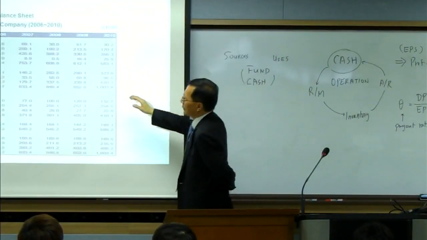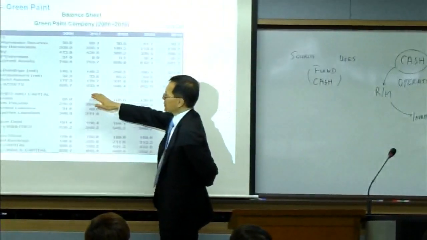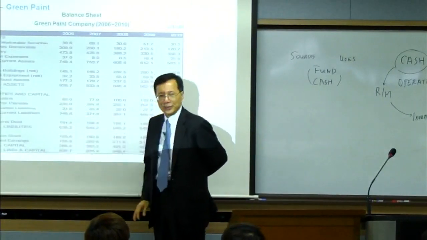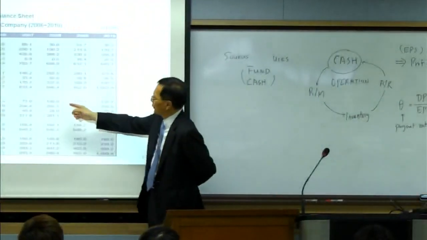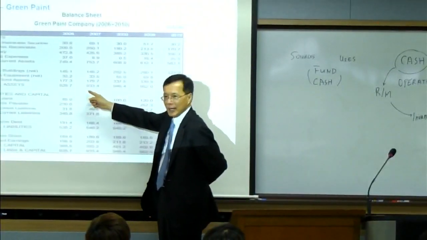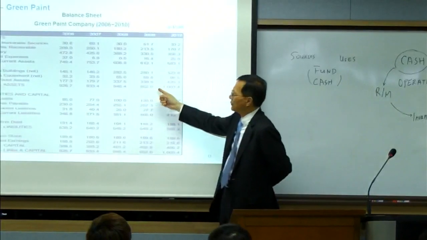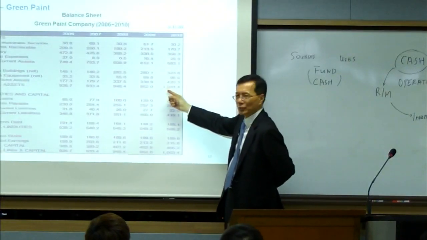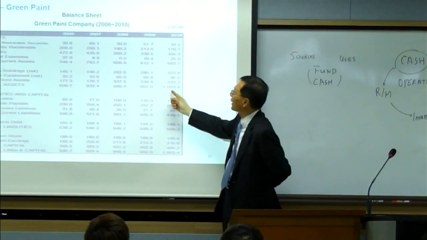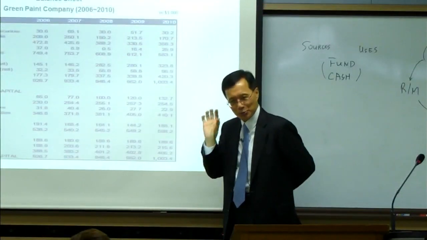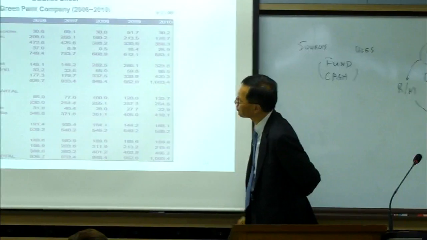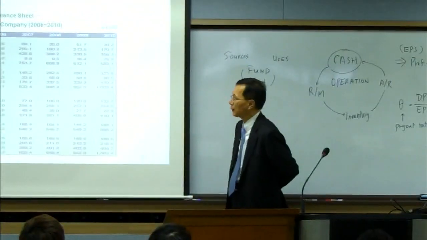And look at this total asset size, 926,000. It's a small company in Buffalo, and it has grown just a little bit to $1 million by year 2010. So this is a real tiny, small paint manufacturing company.